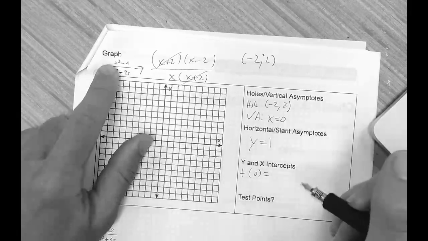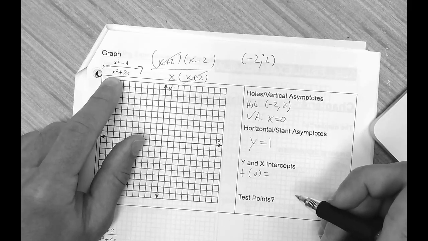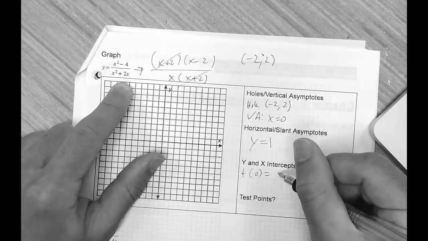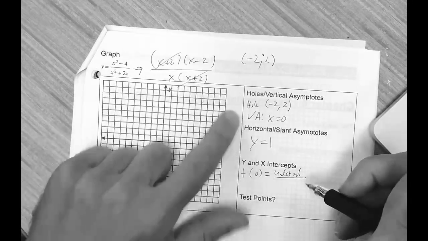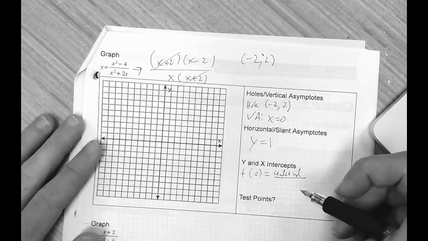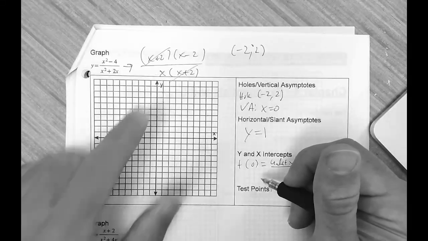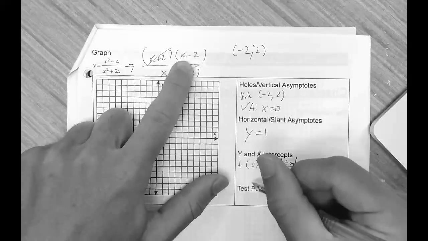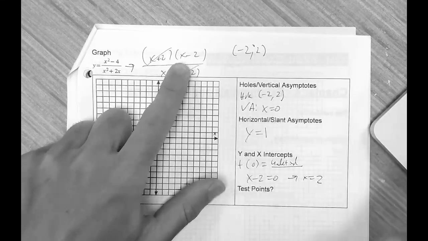That's going to be -4 on top and 0 on the bottom, so it's undefined. There is none. That makes sense because we have a vertical asymptote at x equals 0, right? And then the x-intercept. We set the numerator equal to 0, ignoring the hole. That means only x minus 2 equals 0, so just x equals 2.